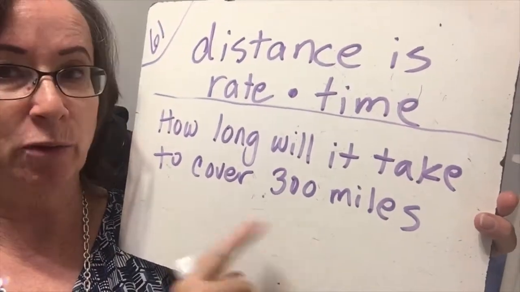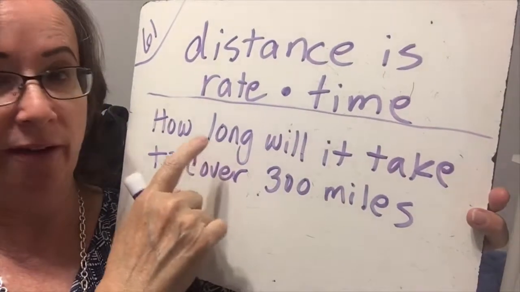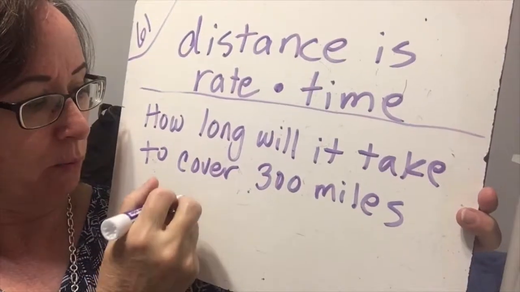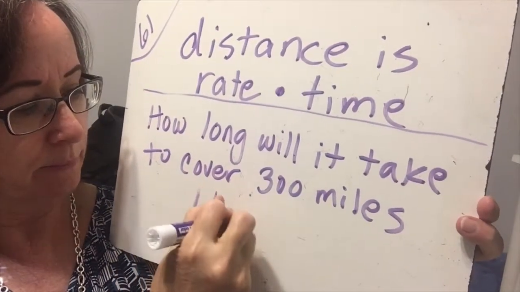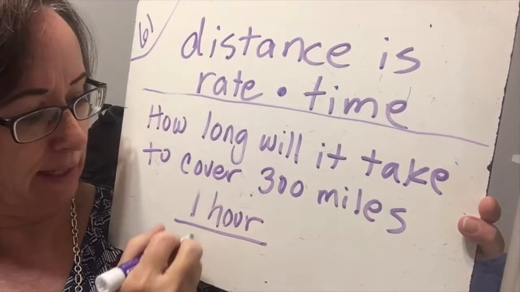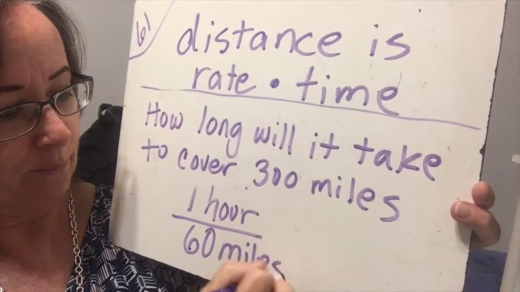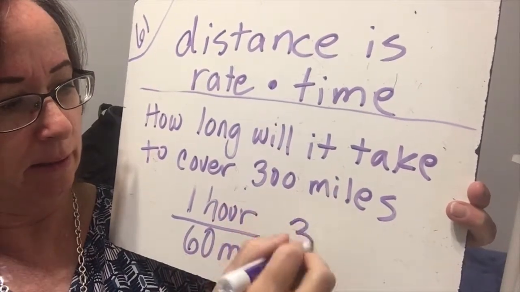Okay, so now that we're looking for how long, we're going to want to have the time on the top. So we're going to say 1 hour for every 60 miles. And we're going to multiply by 300 miles.